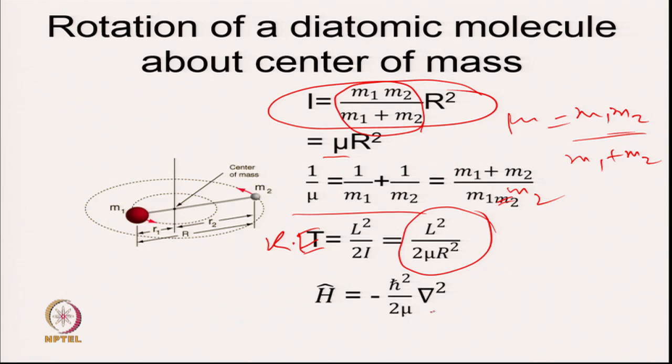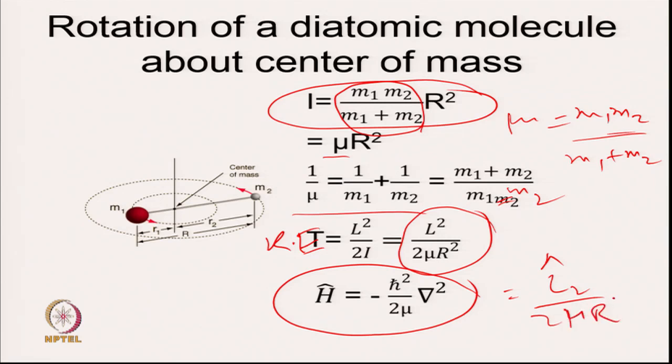And then we can simply get the Hamiltonian from this angular momentum, and the Hamiltonian will be given by only the kinetic energy operator, because in this case potential energy is 0. So, your Hamiltonian operator will be equal to the kinetic energy operator, and that will be given by L square operator by 2 mu R square, and that is equal to minus h cross square by 2 mu multiplied by del square.